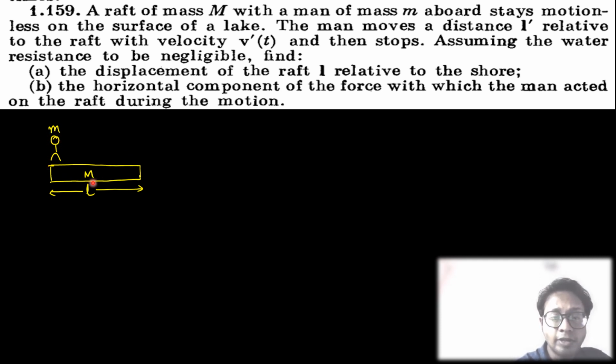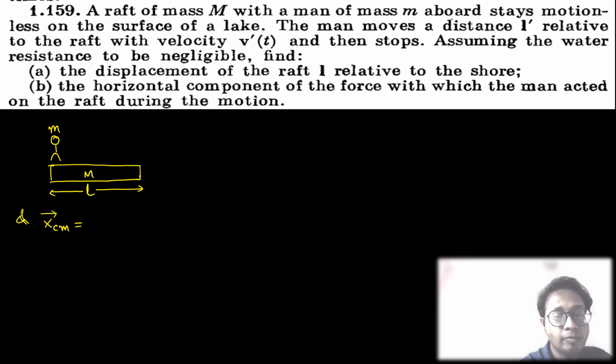So if neither of them is moving, what is the displacement of center of mass? What is the velocity of the center of mass if neither of them is moving? The velocity of the center of mass is equal to 0. So displacement of the center of mass should be equal to 0.